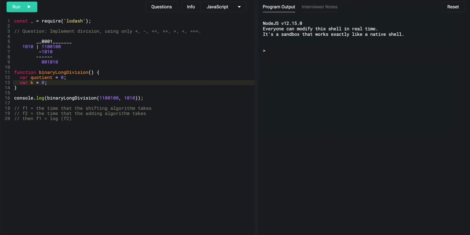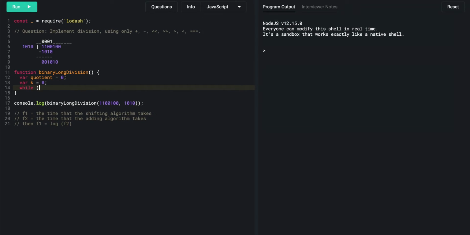Okay, so for our first while loop, for as long as the divisor fits into our dividend, we want to keep left shifting our divisor and adding a 0 to the end of it until it's larger than our dividend, and we want to be increasing k.